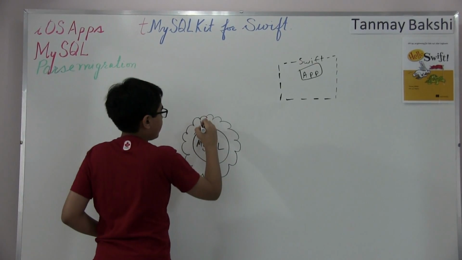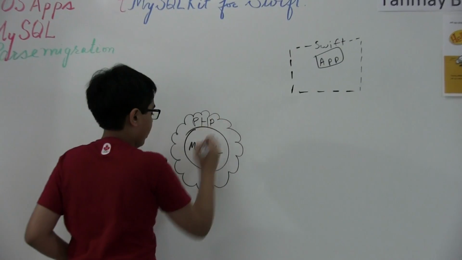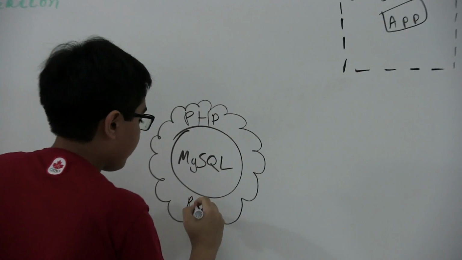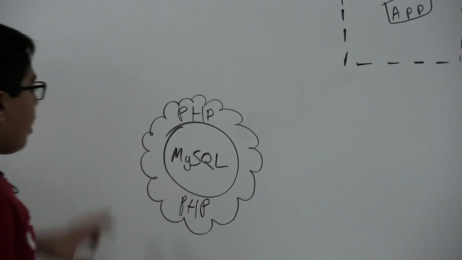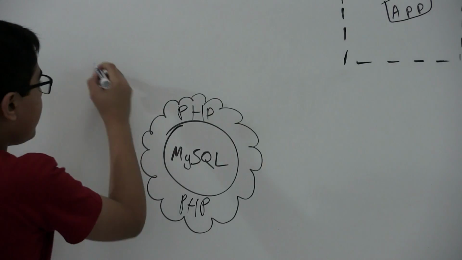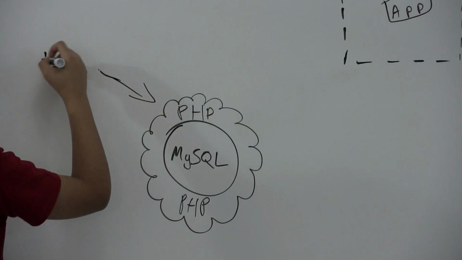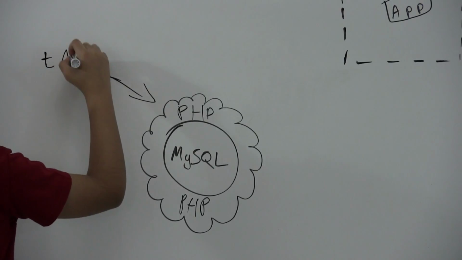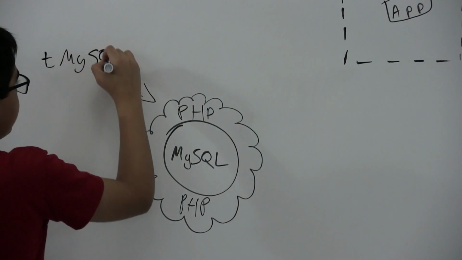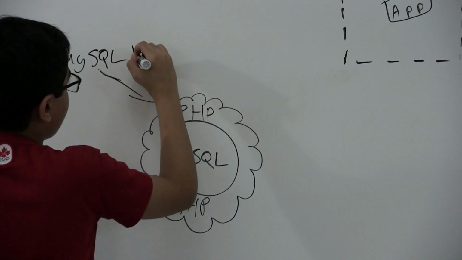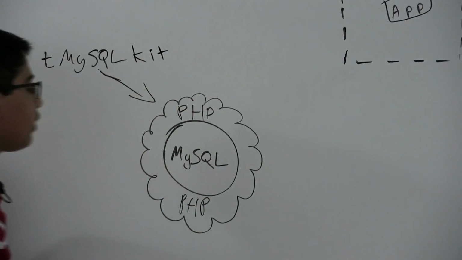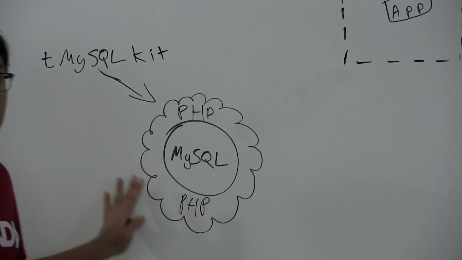Now, this is built in PHP. All right. So now PHP does this. Now this PHP end is noted. I call this tMySQLKit. Alright, so this is tMySQLKit, the PHP end.